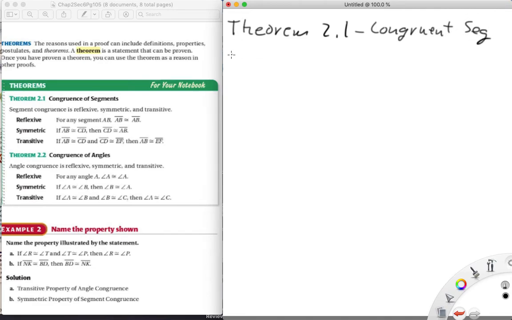And the first of it is the reflexive. So we already know what reflexive, transitive, and symmetric are. So we know them for equality. We'll use the simple congruent segments.